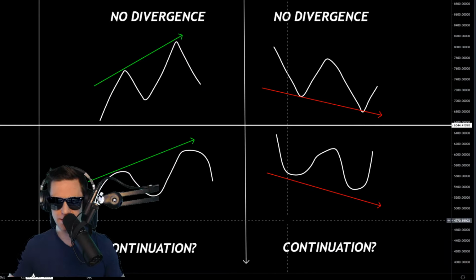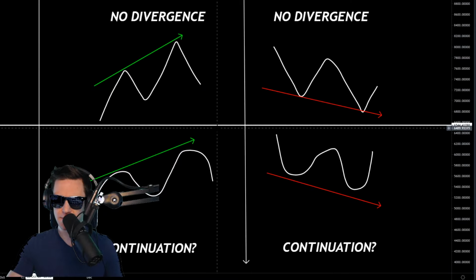And the thing that is important in divergence that is not covered is that divergence is really only for spotting reversals, except in the case of hidden divergence, which is potentially trying to spot continuation. But those things are not as common as just seeing this setup.